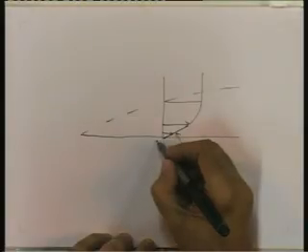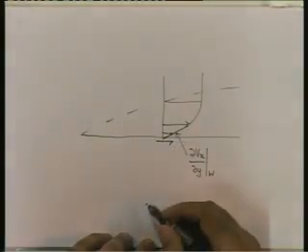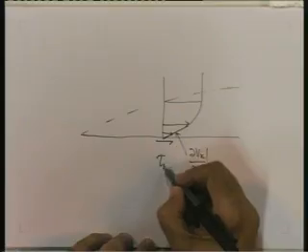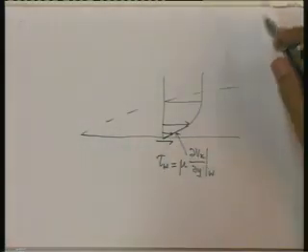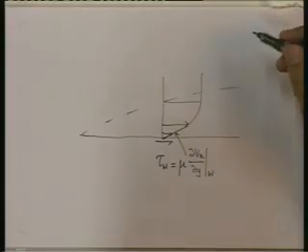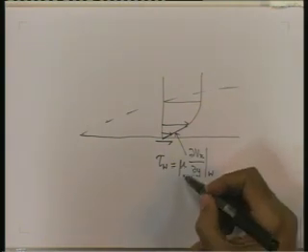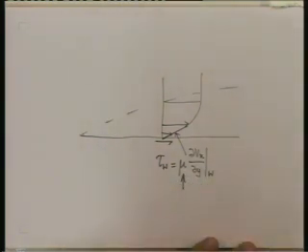There is a shear stress which is equal to mu into this gradient of Vx in the y direction because of the viscous friction due to the finite viscosity of the fluid.